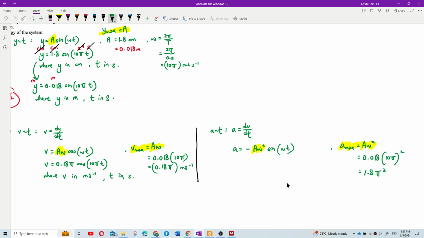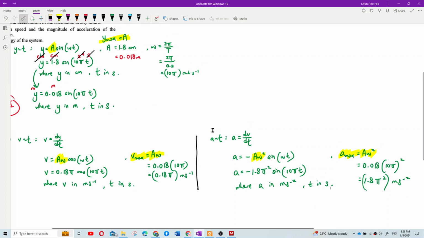So just put it there. A equal to negative 1.8 pi square sine 10 pi t, right? So you must write the unit there, which I haven't written just now. The unit is meter per second square because I already changed to SI unit, where A in meter per second square and time in second. So that's the answer.